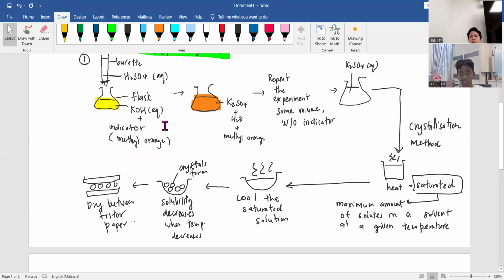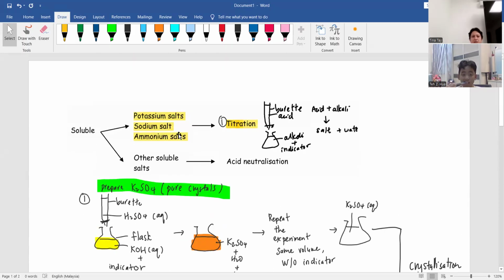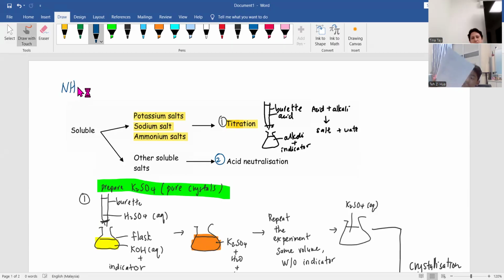All right. Now we're going to go to the second method, other soluble salts. This is acid neutralization, method 2. If I want to make ammonium sulfate, method 1 or method 2?